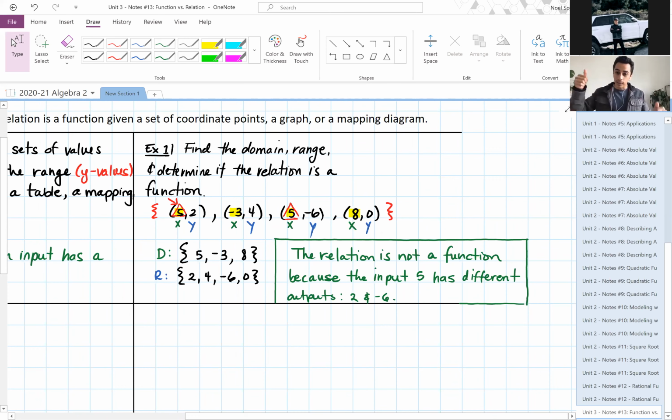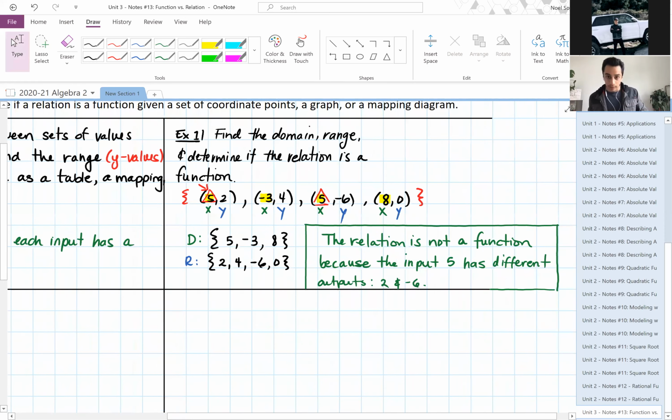But if you put the same input and you're getting different outputs, then that's when the duplicates can be a problem. I think I have an example where that pops up a little bit later. But don't worry, we'll continue to practice.